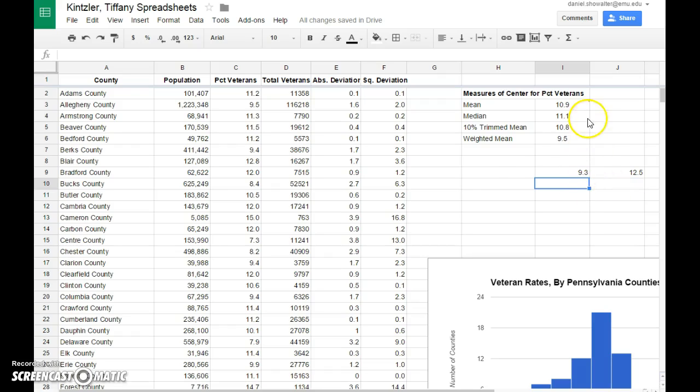If I go 2 standard deviations away from the mean in both directions, so now I'm going 3.2 down and 3.2 up, that really covers virtually all the counties. So 95% of the counties in Pennsylvania should have somewhere between 7.7% and 14% of their population made up of veterans.